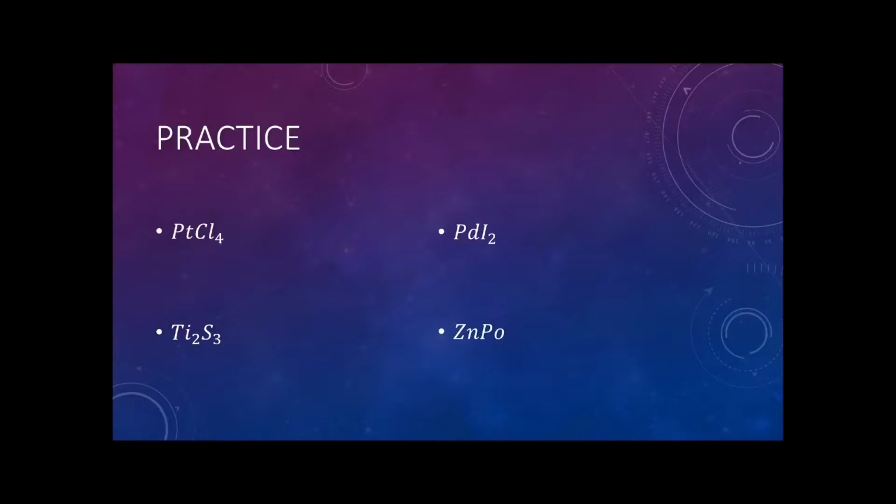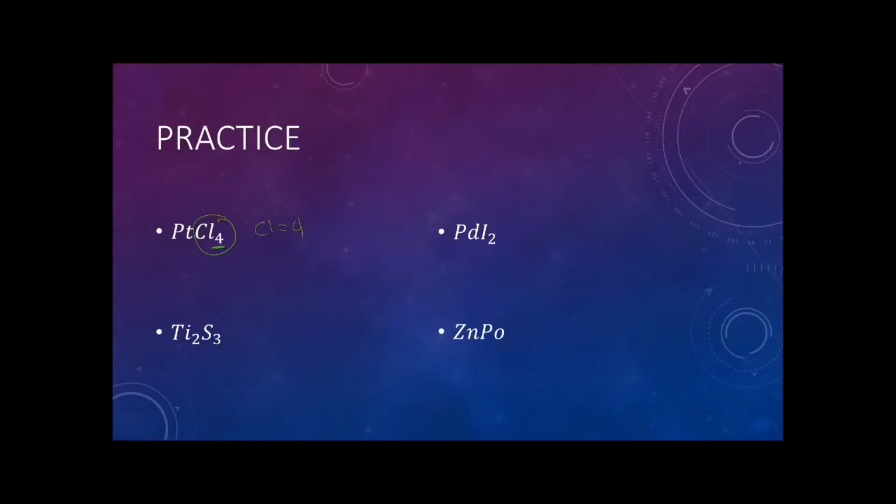Let's do some practice. So Pt, that stands for platinum. Cl, that's chlorine. How we indicate what charge it is by looking at the anion, figuring out how many atoms it has. So chlorine has 4 atoms. And looking on the periodic table, we know typically all the halogens have a -1.